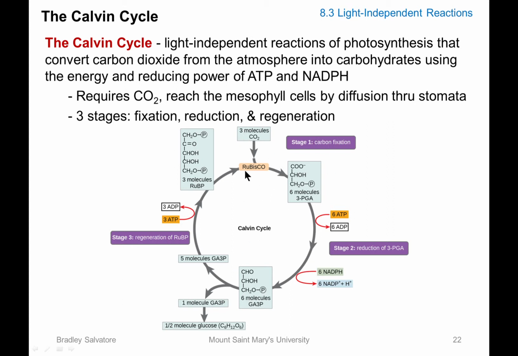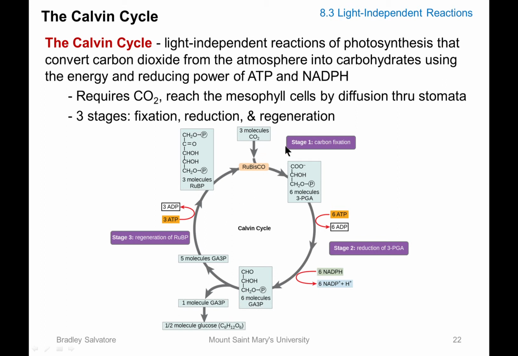If I ask you what 1 molecule of CO2 will make, it will only make 1/3 of a G3P theoretically, and that will make even less of our sugar molecule. That will make 1/6 of our sugar molecule, because you're taking these 3 carbon dioxide, making these 3 carbon molecules here, and then eventually making 6.